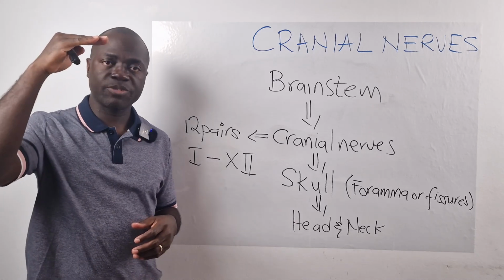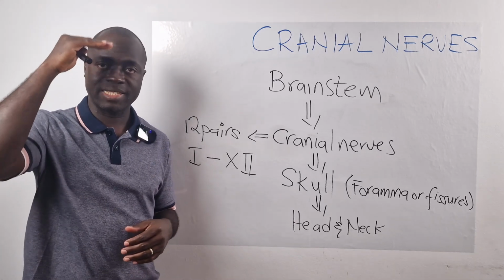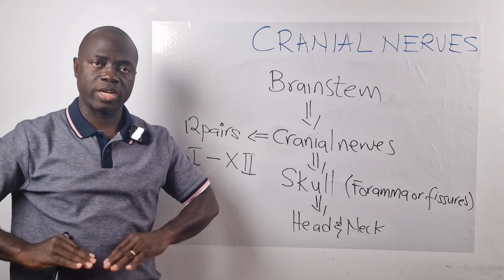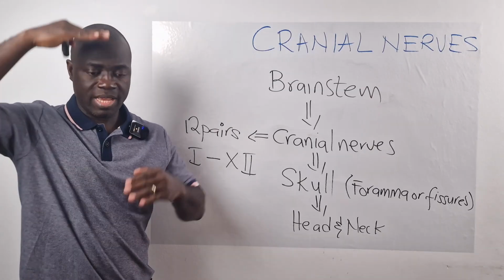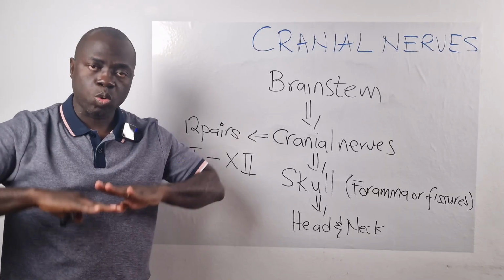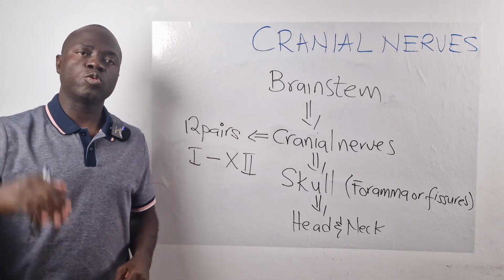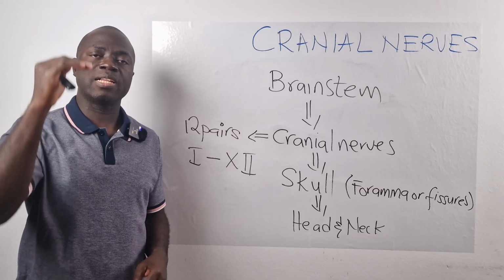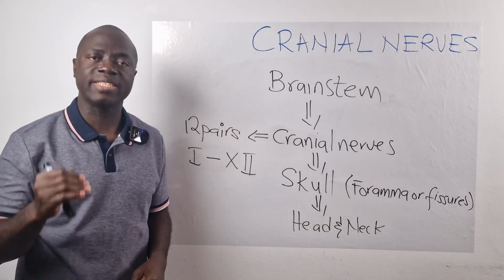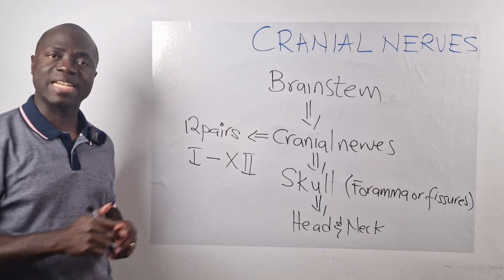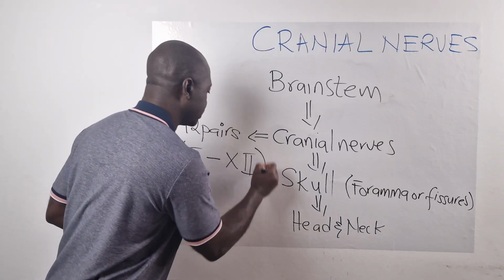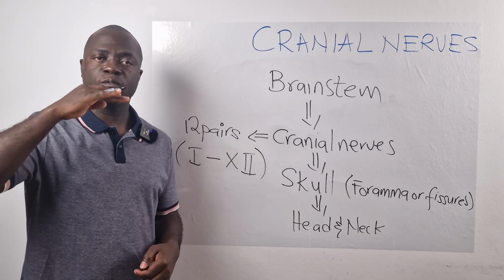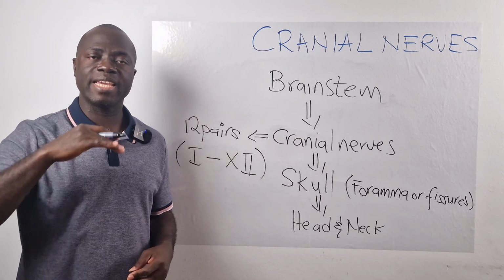So the first cranial nerve will be the first one that is attached to the brain, and the arrangement is from rostral to caudal. Remember, this is rostral, and then as we go down, we are going towards the caudal region, okay? So that arrangement from rostral to caudal along the brain and the brainstem is how we number them, 1 to 12. That means cranial nerve 1 comes first, and then comes 2, 3, 4, 5, 6, 7, 8, up to 12.